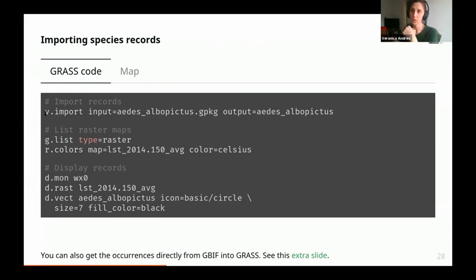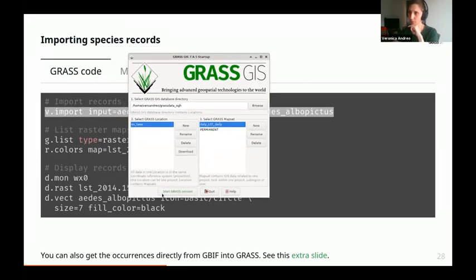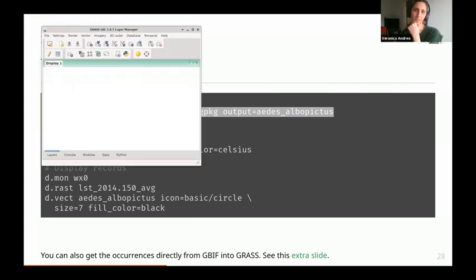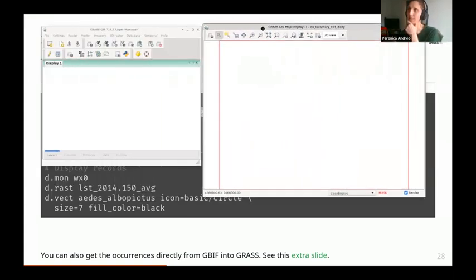I'm using basically the command line here. Let me show you for a moment. But all this can also be done with the graphical user interface. It takes a while to load now because I'm presenting and streaming. I already have the data imported.